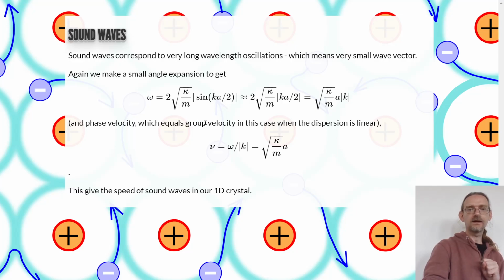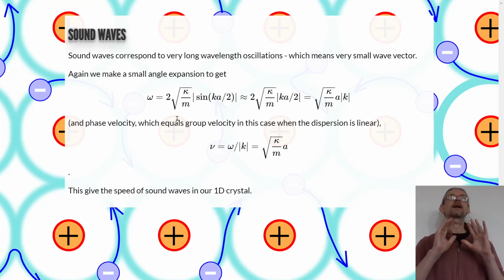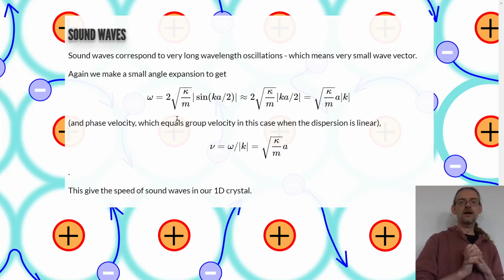And so the phase velocity, or the speed of the motion of the wave along the chain, is given by either the frequency divided by the wave vector, or the derivative with respect to the wave vector. So that's whether it's the group velocity or the phase velocity. But in this case, they should both coincide and give you this expression.